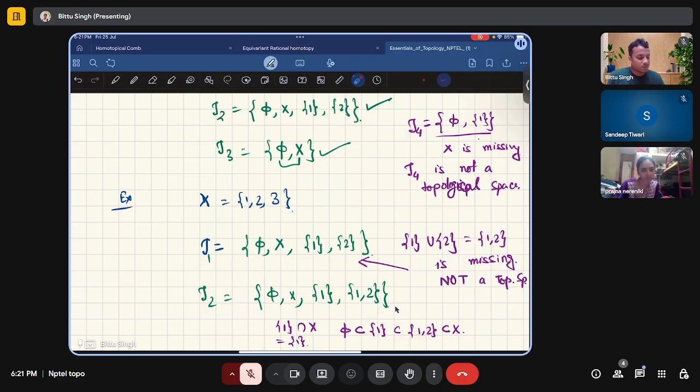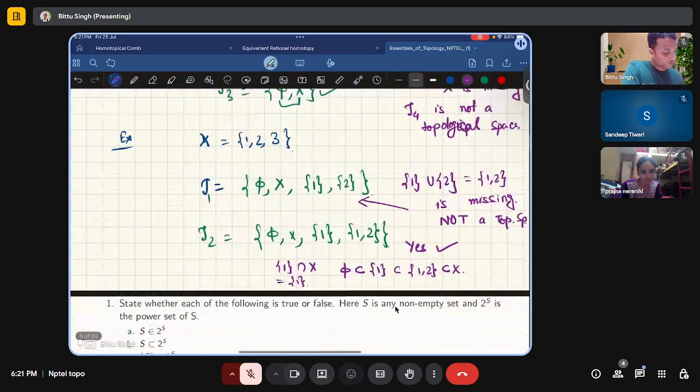So if there is such a chain, then it will be a topology. It will be a topological space. So this is yes. Okay, so those are a few examples.